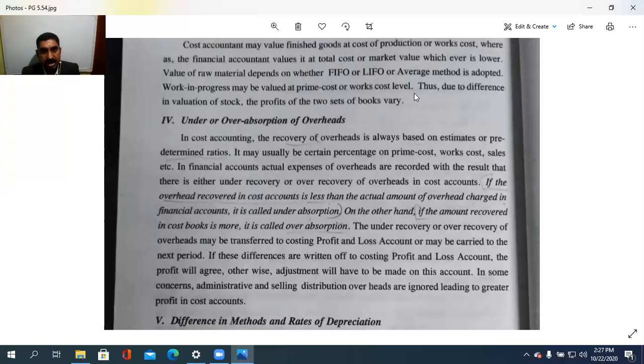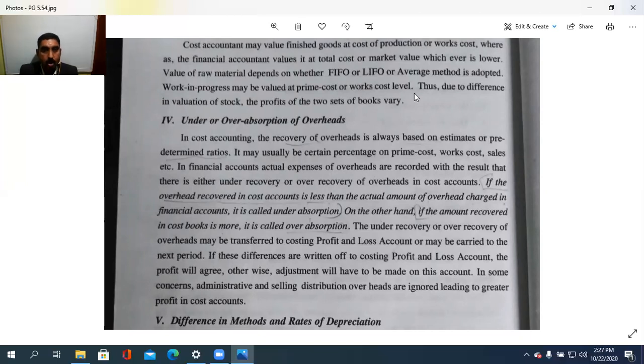അതായത് what is that? Actual amount of overhead charged in financial account, that is less than what is that overhead recorded in cost account. If the overhead recorded in cost account is less than the actual amount of overhead charged in financial account, it is case of under absorption, and opposite is the case. If the cost books are more than the financial books, it is a case of over absorption.